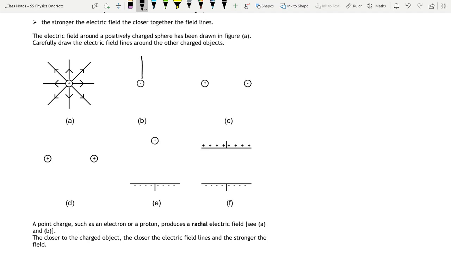I'm sure you can draw this a little bit neater than I can. Incidentally, the ones around one positive charge or one negative charge are called radial fields because they radiate out.